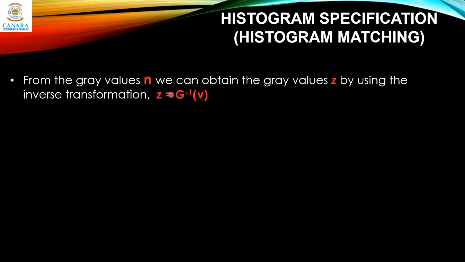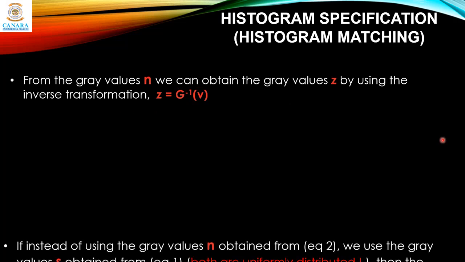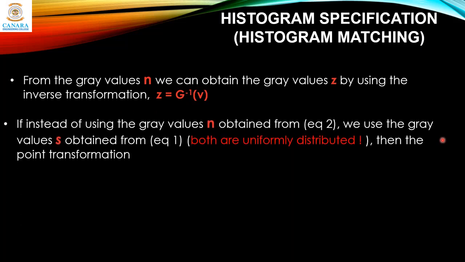From gray values V, we can obtain the gray values Z by using the inverse transformation Z equal to G inverse of V. Instead of using the gray values V obtained from equation 2 that we saw in the last slide, we can use gray values S obtained from equation 1, which is basically equalization of the input image. Both are basically uniformly distributed.